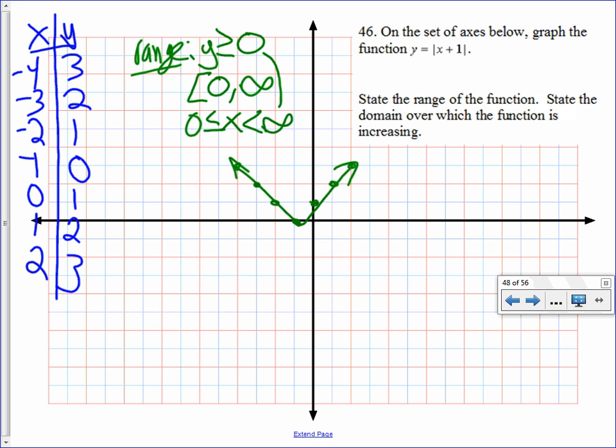Either one is sufficient. Then it says state the domain over which the function is increasing. Well, it's decreasing here, but then when you get to this value, it starts increasing. So at -1, it starts increasing, and that goes on forever.